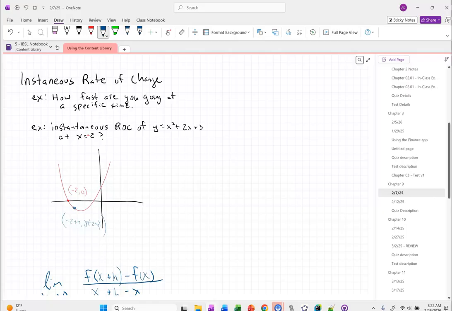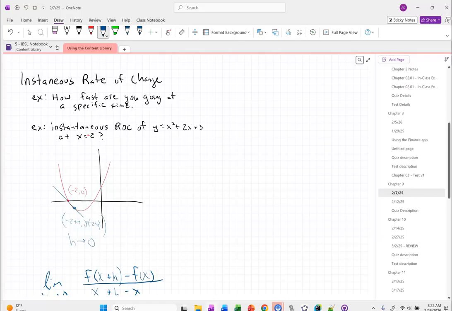If I have a second point that's h away, I can calculate the slope of a line, right? And what I'm going to do is let h then approach 0.